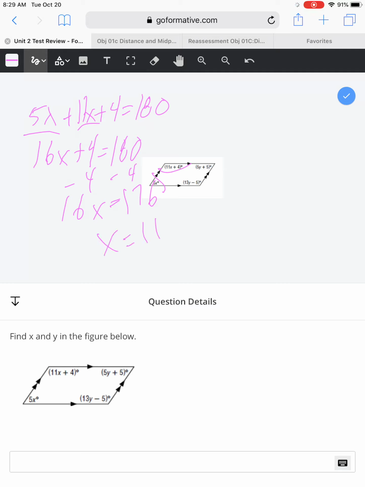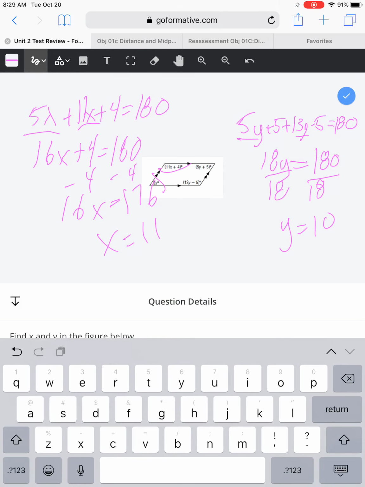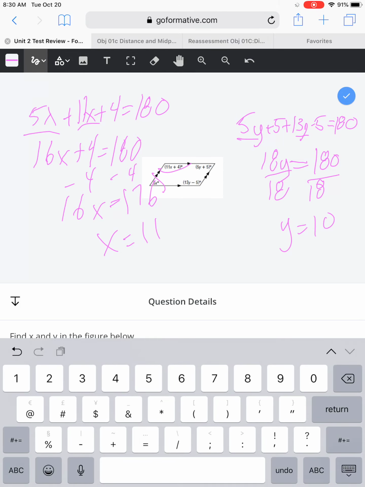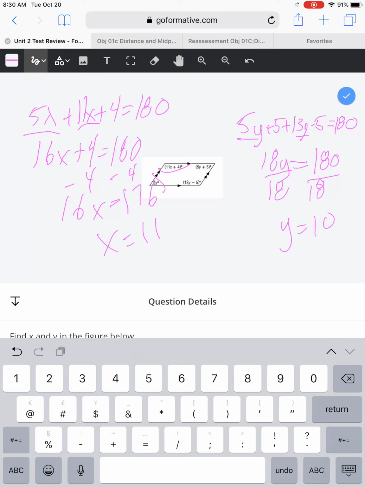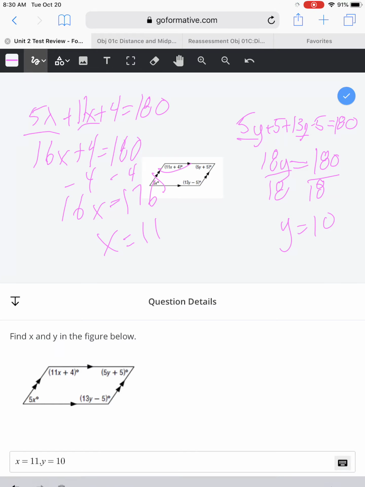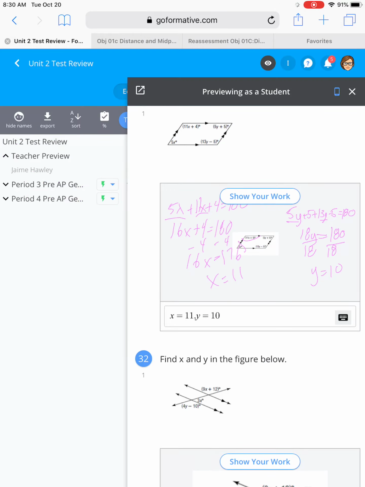X is equal to 11. 5y plus 5 plus 13y minus 5 is equal to 180. 18y is equal to 180. Divide by 18, divide by 18. Y is equal to 10. So we have x is equal to 11 and y is equal to 10. Just check to make sure I put it in right.